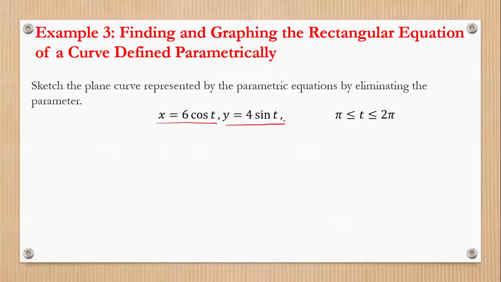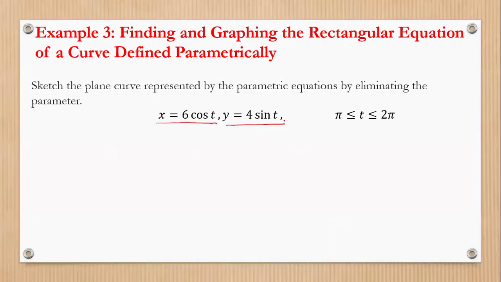In the previous example, I found t from one of the equations and replaced it into the second equation. But in this case, both of my equations are based on cosine and sine. If I want to find t from each of these equations, I need to use inverse sine or inverse cosine, which makes it a little complicated.